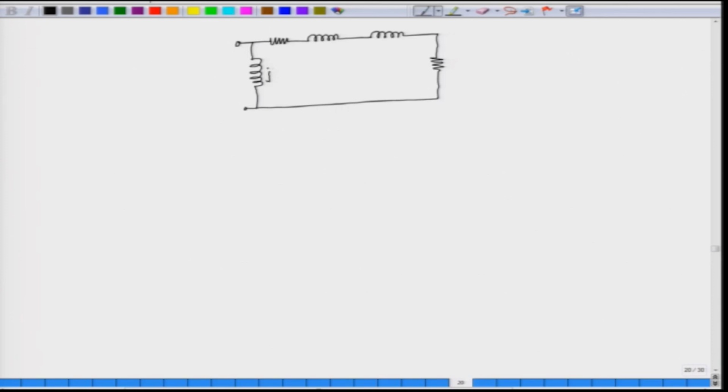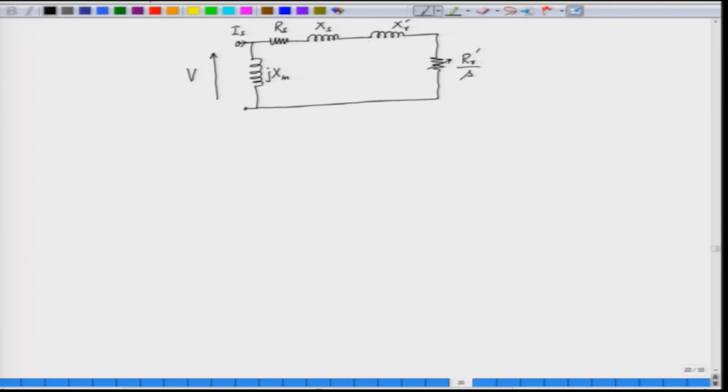So, this is jXm, and this is the stator resistance, the leakage reactance of the stator, the rotor reactance referred from the primary side, the resistance of the rotor referred from the primary side divided by the slip, and here we apply the per phase AC voltage. The input current here is Is.